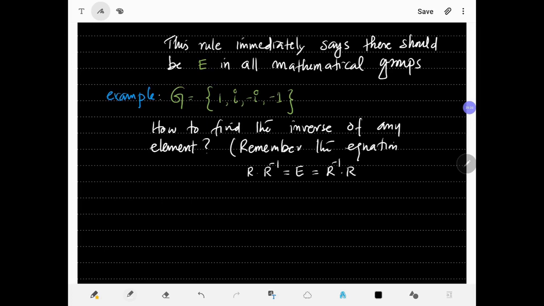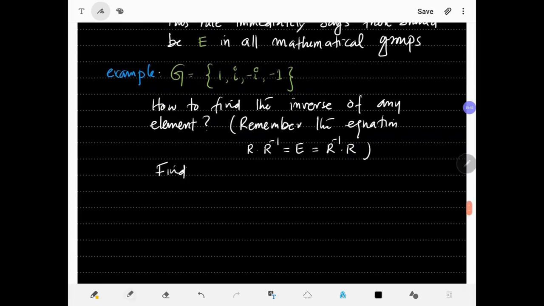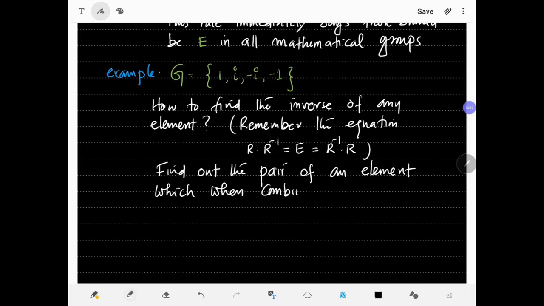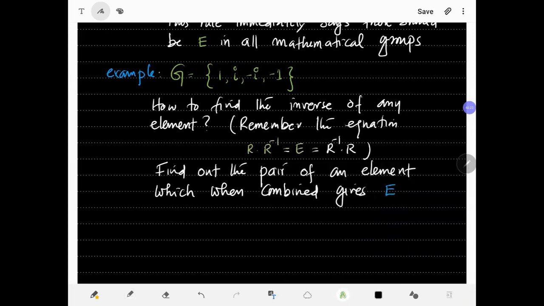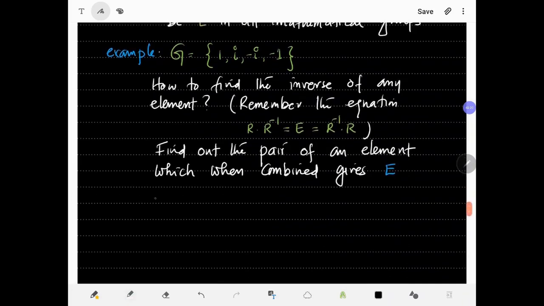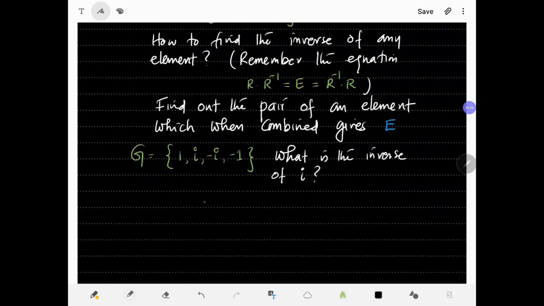which is equal to R inverse into R. And this R inverse should also be a member of the group. Let me ask what is the inverse of I. So let's try with minus 1.